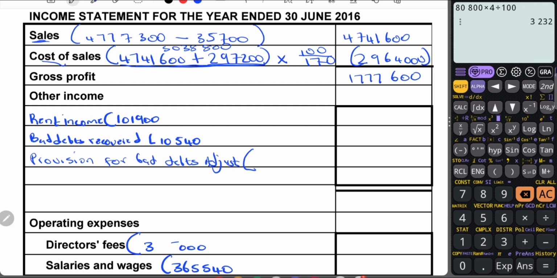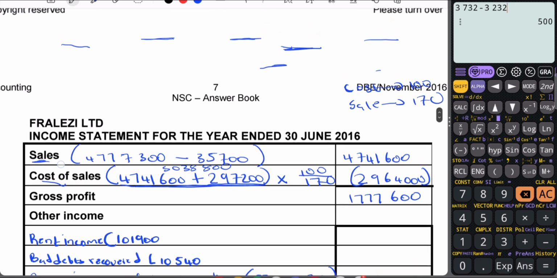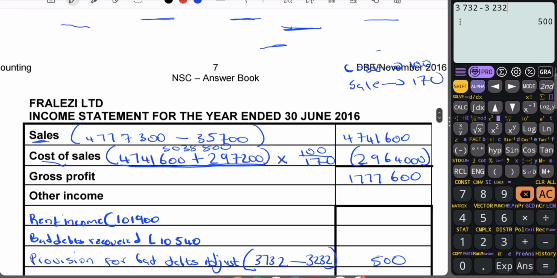It's gonna be the one on the trial balance, which is 3,732, minus the one that we calculated, which is 3,232. Then the difference is 500. 500 is our provision for bad debt now. Okay, we can continue with our information.